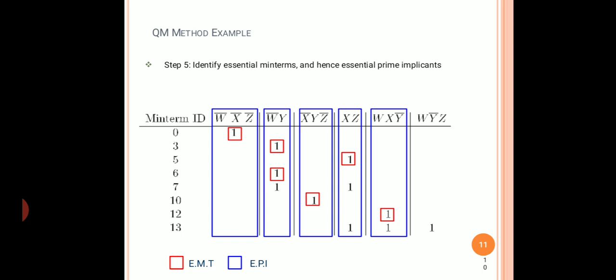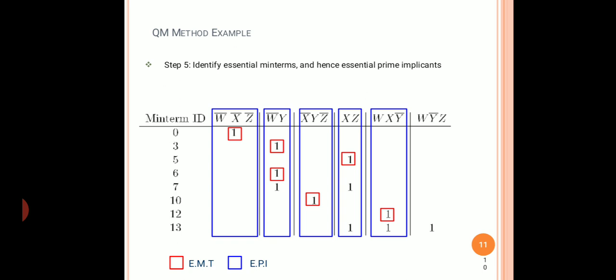Essential prime implicants are the terms below which there is only one 1 which is encircled. W bar, X bar, Z bar. Observe vertically, only one 1 is there which is circled or squared, that's why it is EPI. This is how X bar, Y, Z bar, XZ, W, X, Y bar will be included.